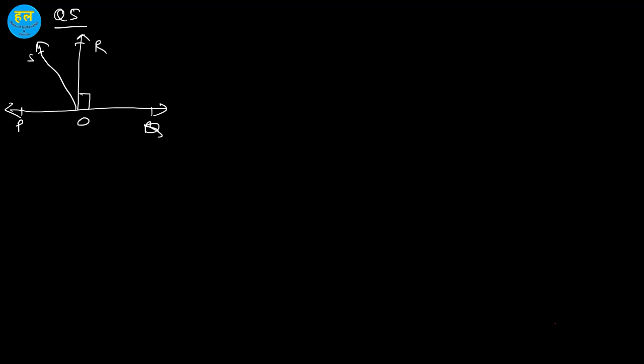Okay, what are the given things in question number 5? That POQ is a line. This is the first thing. Ray OR is perpendicular to line PQ. And OS is another ray that is lying between OP and OR.